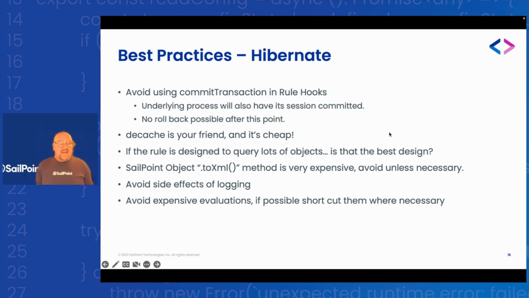So if you do something like a commit transaction, then there's no way for it to roll back if there's a problem. And you may end up with some strange problems because of it. So in rule hooks, I would suggest avoid using commit transaction. The actual process itself should do a commit transaction for you. Please test for it. Make sure that things are being committed as you'd expect.